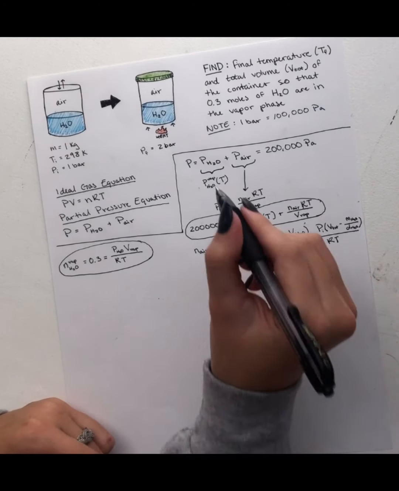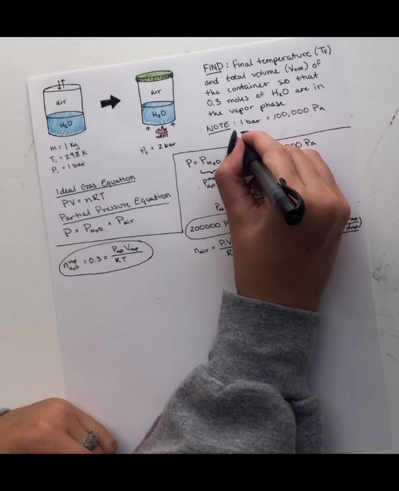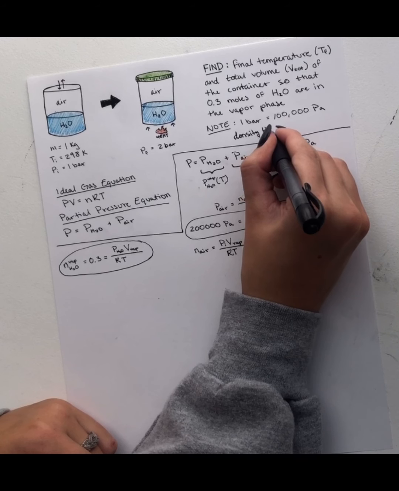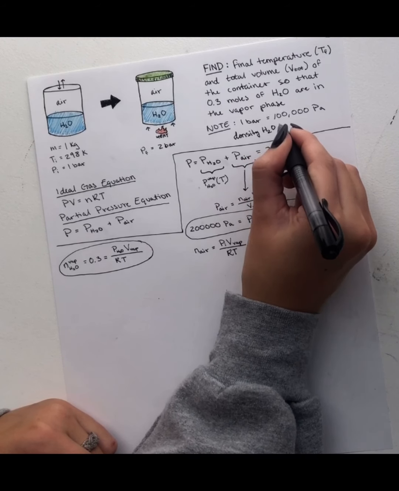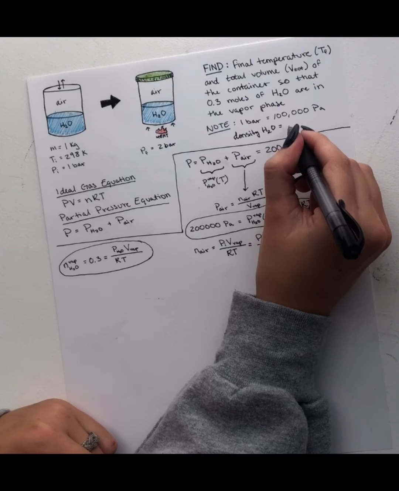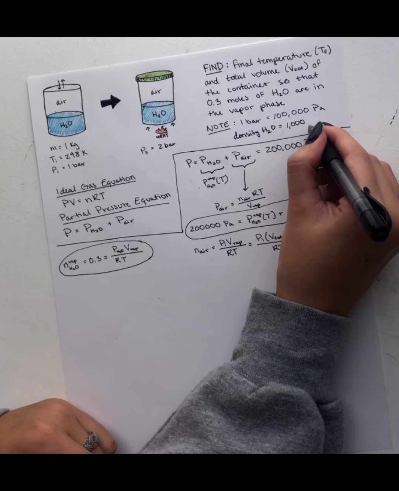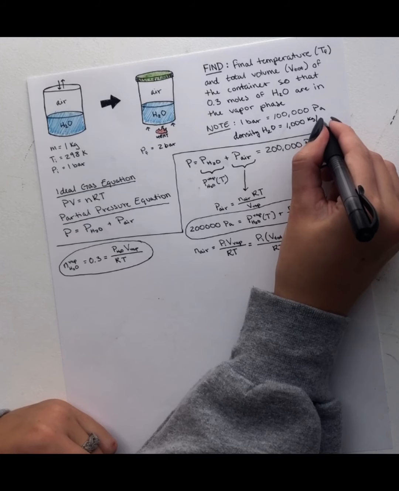So another thing to note is that the density of water is equal to 1,000 kilograms per meter cubed.